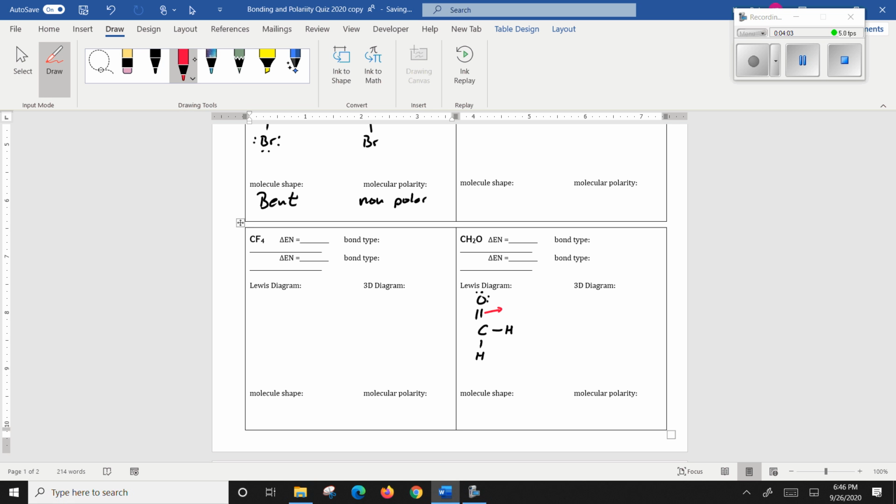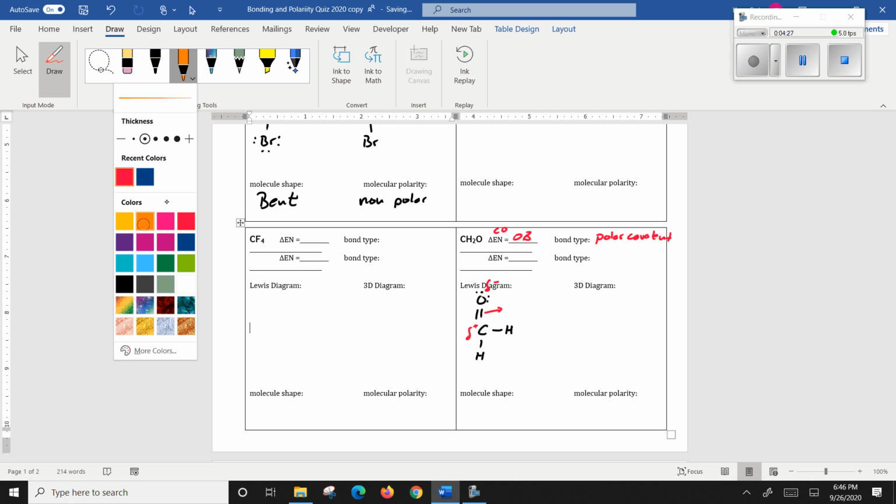So the electronegativity difference for this bond, the carbon-oxygen bond, is going to be 0.8. And this means it's a polar covalent bond. So make sure you write that out nice and long. Polar covalent. Which means we're going to have a negative charge here and a positive charge on the carbon. Then we're going to be looking at the next one.